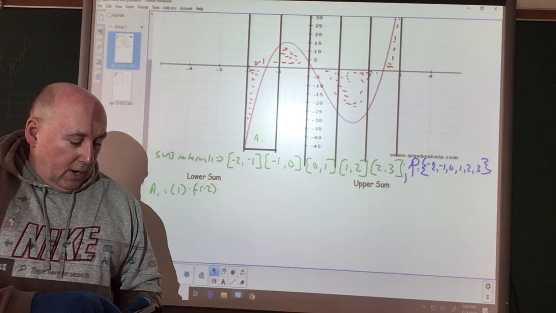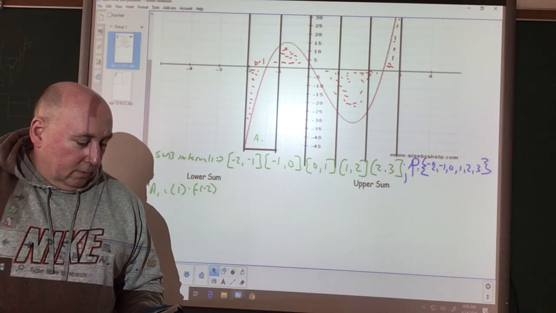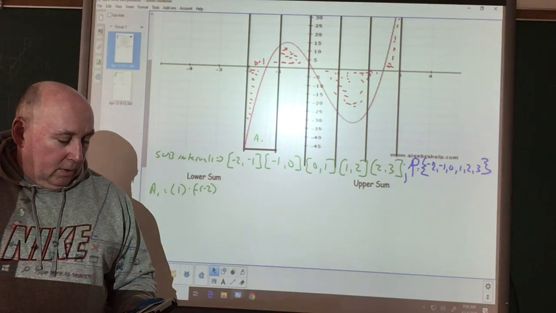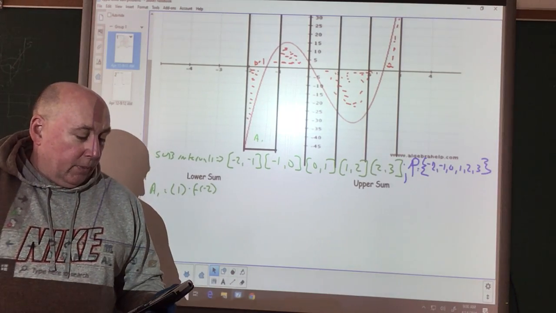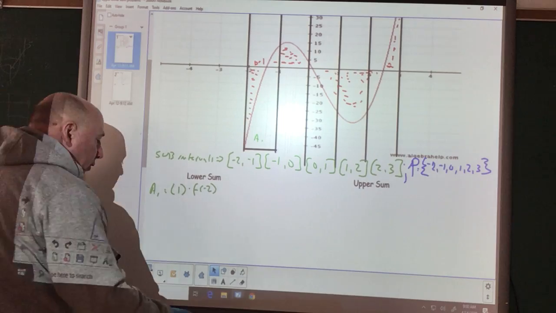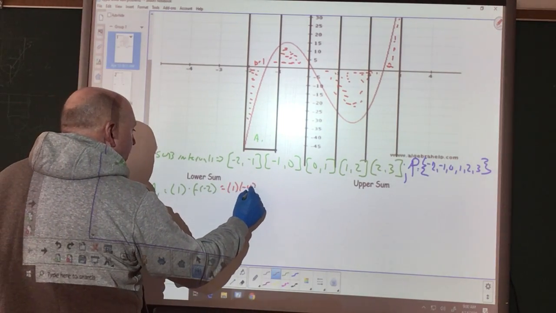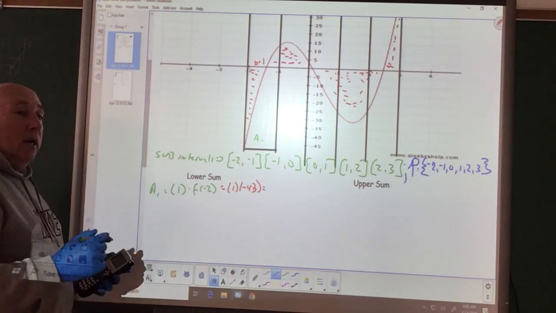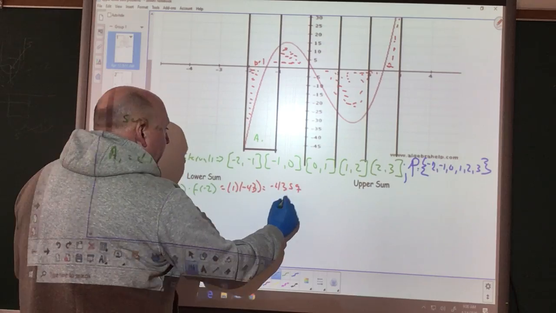Let's calculate the value. There we go, at -2. And I get a value of -43. So we have 1 times -43, which tells me my area is -43 squares.